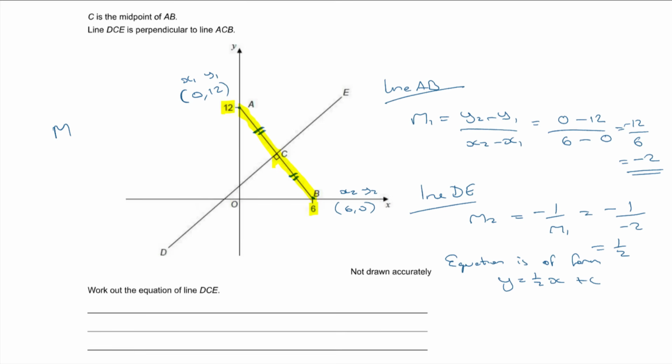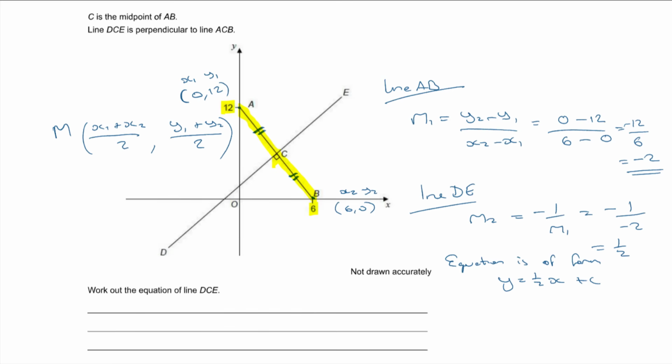Now you can find the midpoint of the line by averaging your two coordinates. So if I take my two x coordinates, x1 and x2, I add them together and divide by 2, and do the same thing with my y coordinates, y1 plus y2 over 2. Then that will give me the midpoint, won't it? Okay.